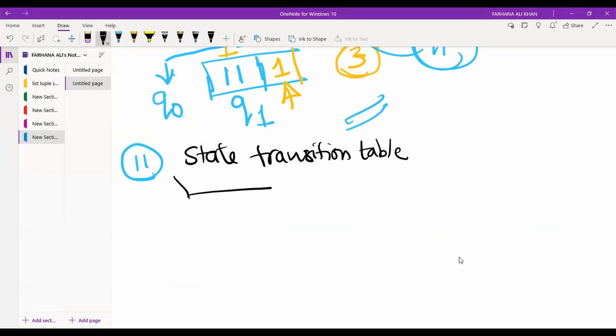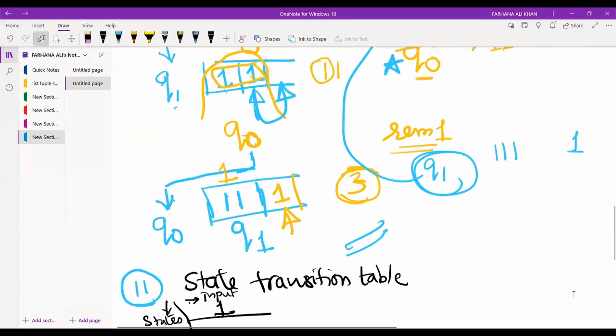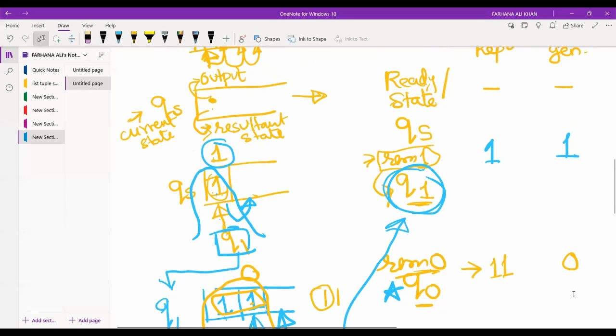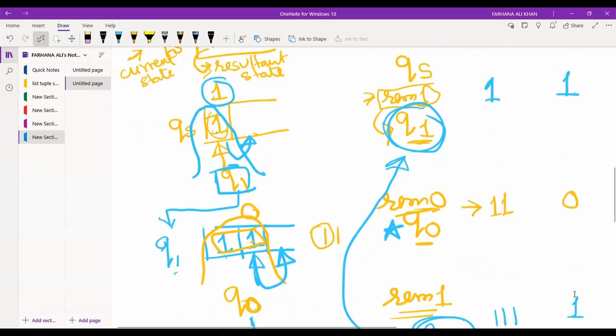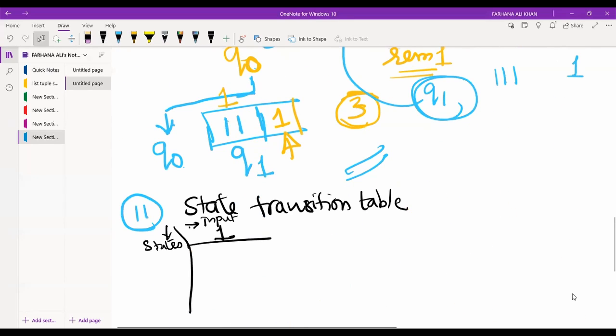We have a rows and columns method. Here we write the inputs. What kind of input have we considered? We have considered the input bit 1. On this side, we write the states. What are the states we have considered? We started with the state QS, so I will take that state QS first. So this is your QS.